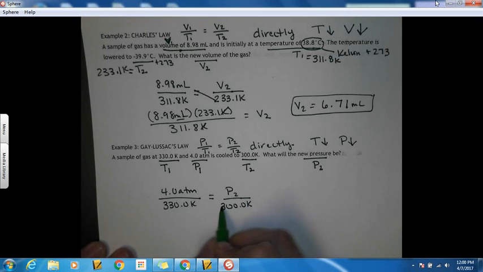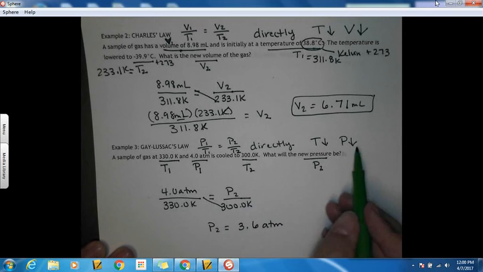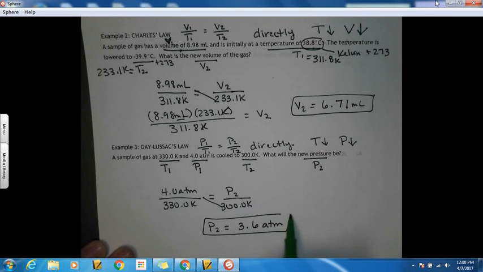And then we'll again cross multiply to find our new pressure. So we'll have 4 times 300 divided by 330, and that gives us 3.6 atmospheres. And it did indeed go down as we expected it would.